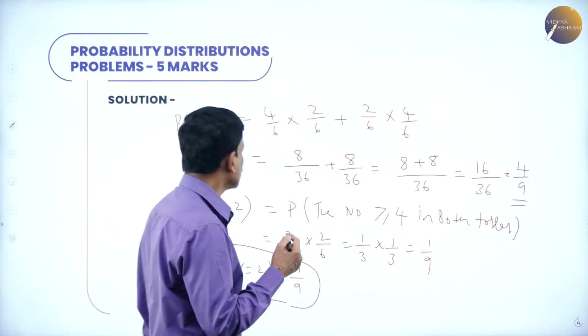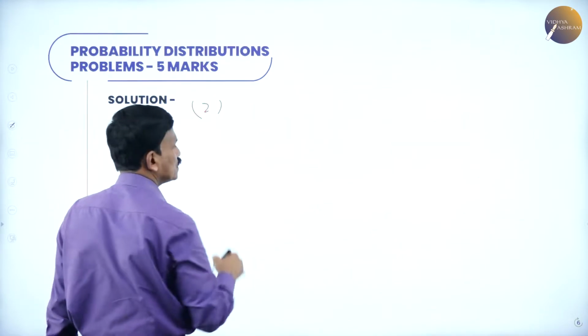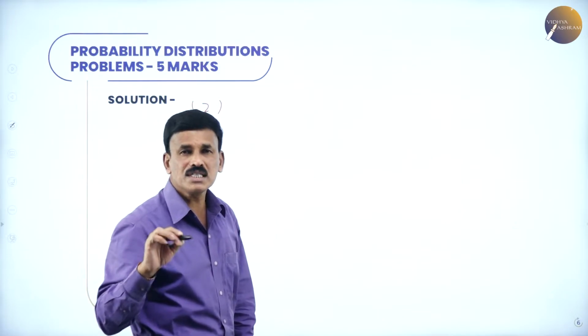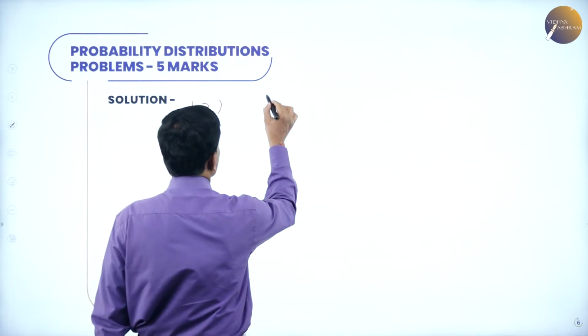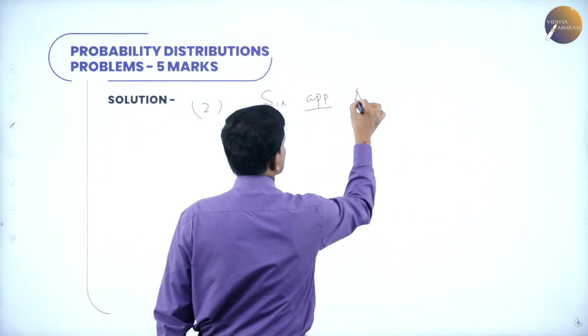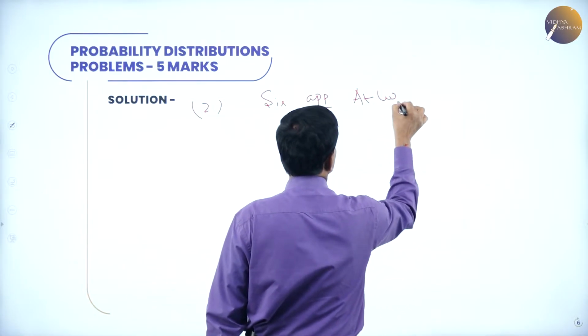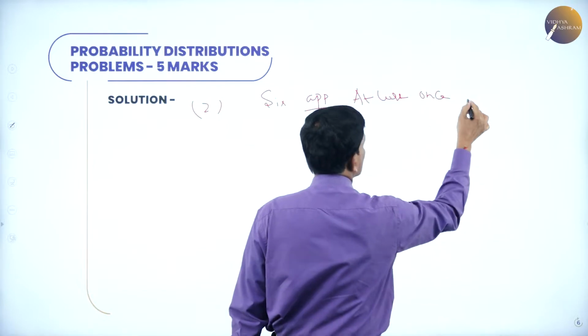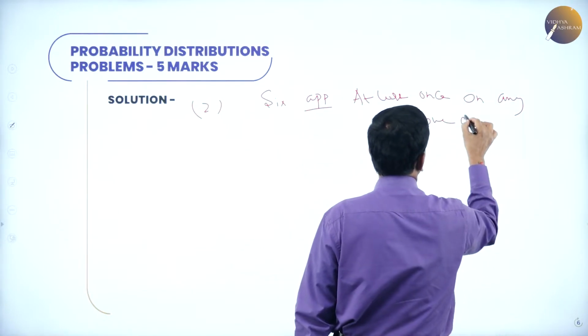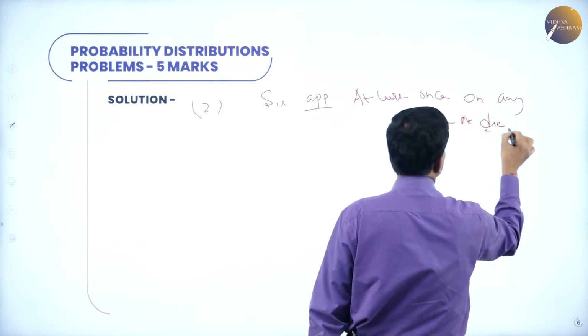Now, let us come to the second part. What is the second condition, what is given? The 6 appears at least once on any one of the die.